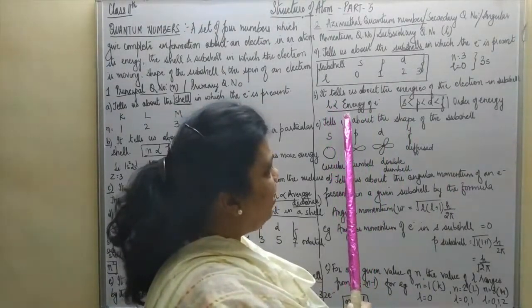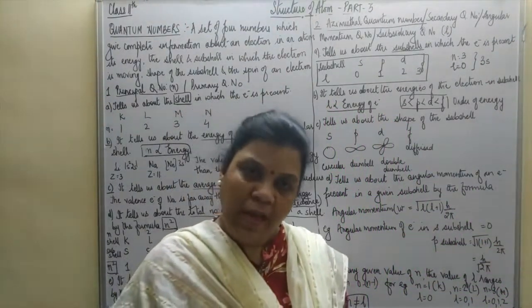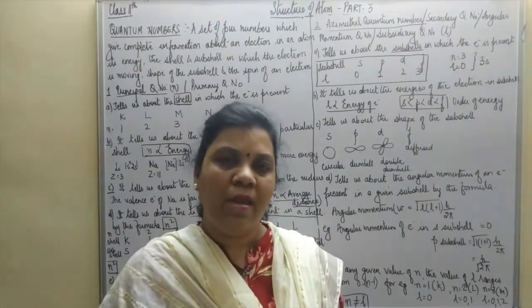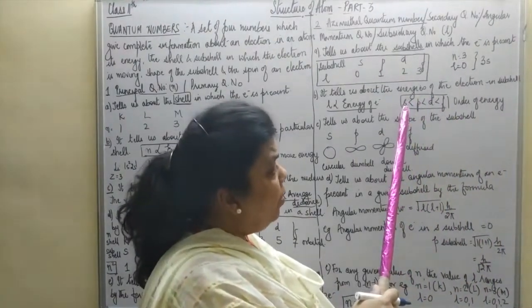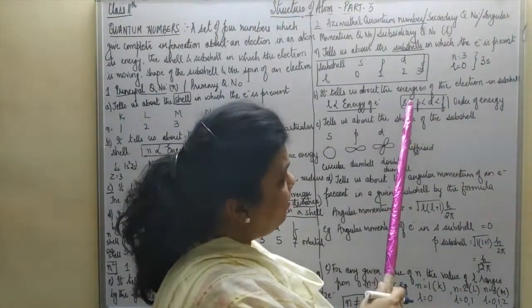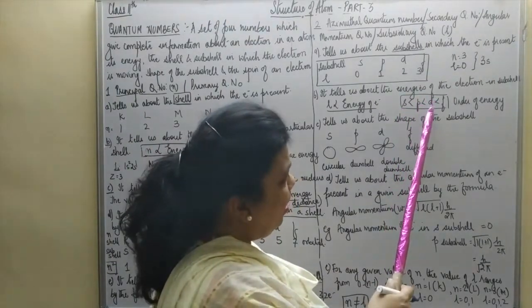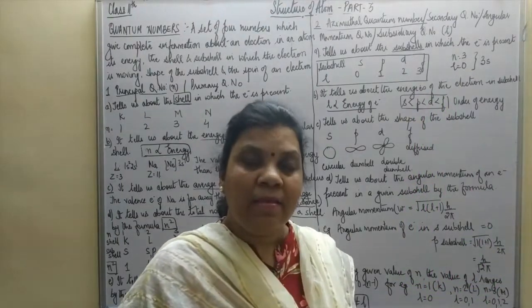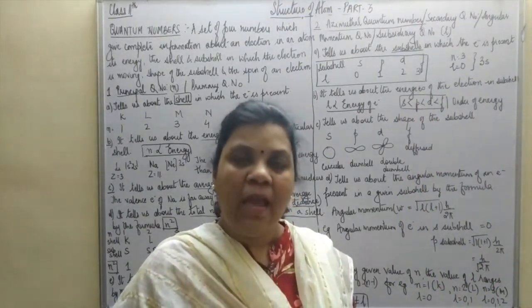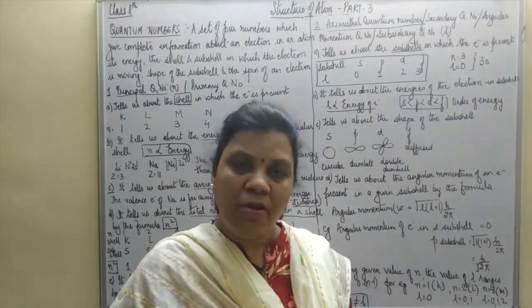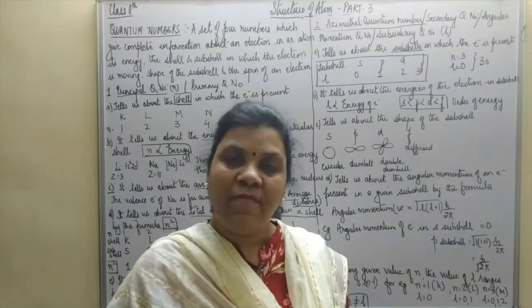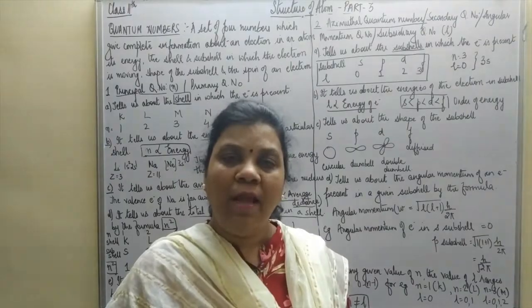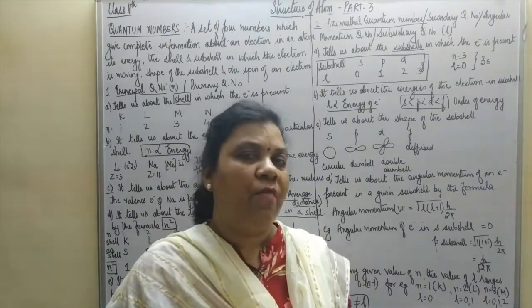And remember, the L value is directly proportional to the energy of the electron. The electron present in the S subshell is less energetic than that in P, than that in D, than that in F. That means the electron in the F subshell has the L value equal to 3, and L value being directly proportional to energy, the electron of the F subshell is more energetic than the electron of the D subshell, than the electron of the P subshell, than the electron of the S subshell.